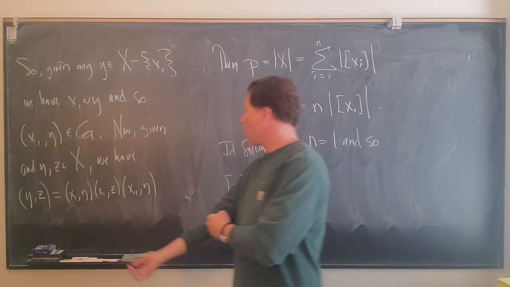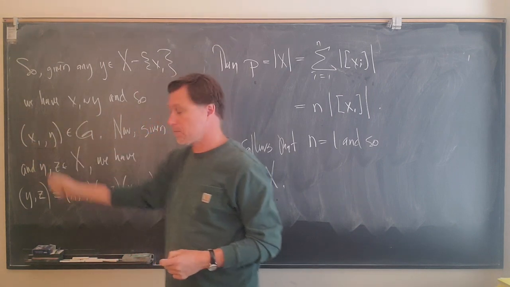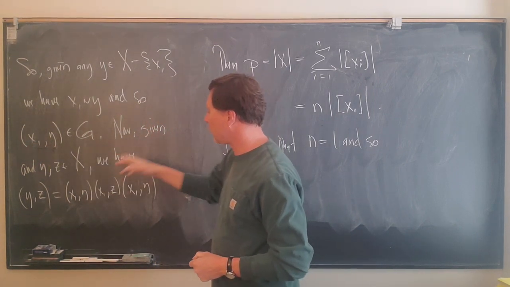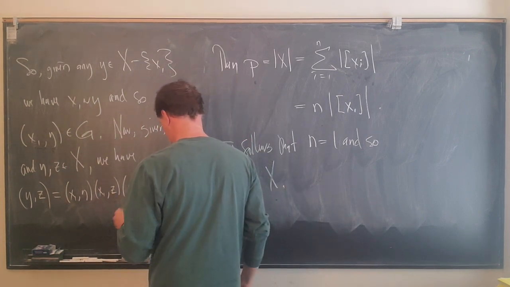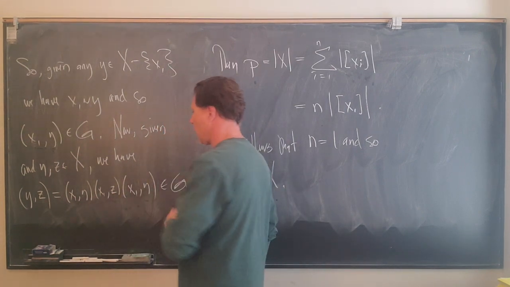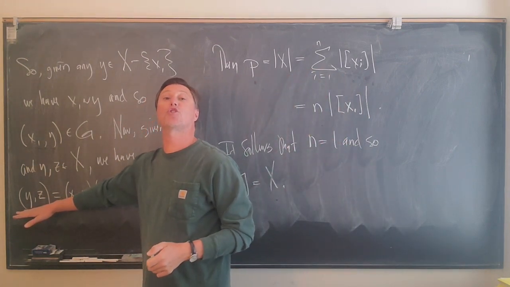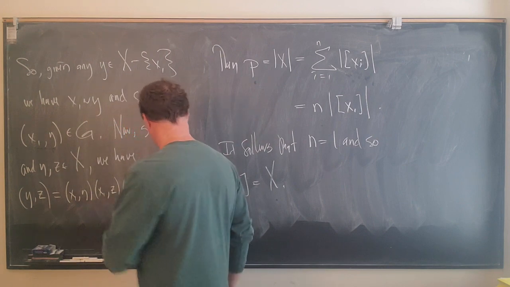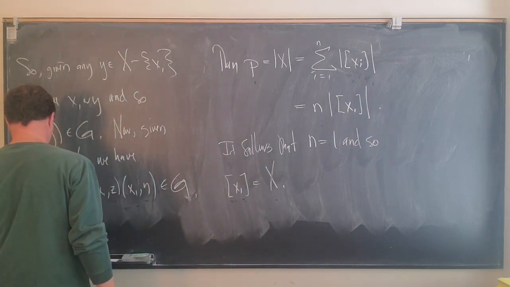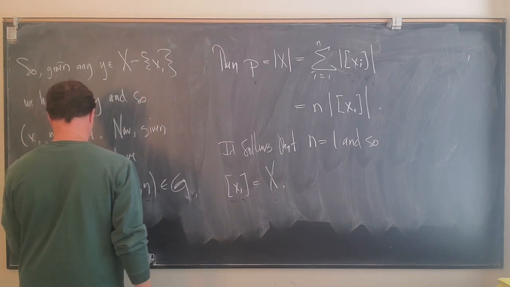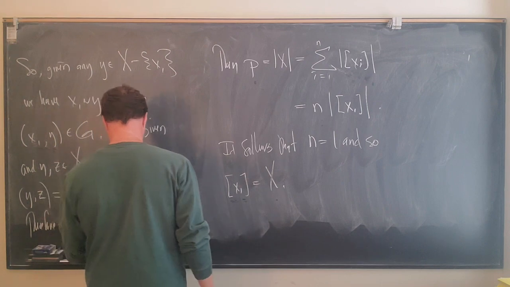Now, we know that all the permutations of the form x1 comma whatever live in G, so this product is in G. And so what that tells us then is that every transposition lives in G. So therefore, G contains all transpositions.